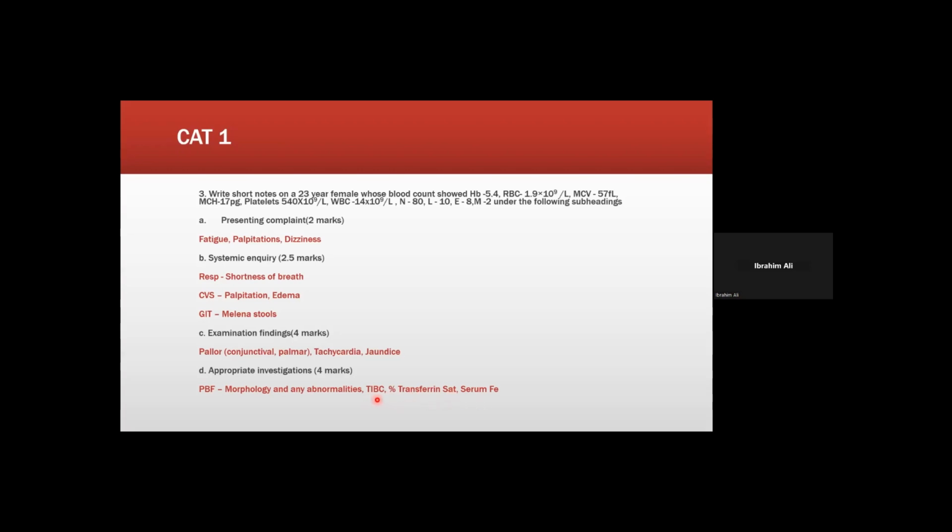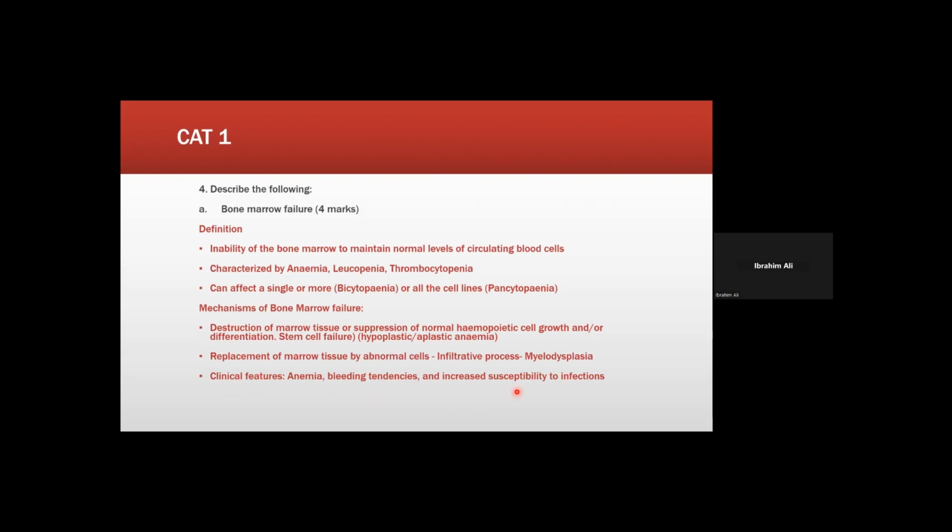Transferrin saturation, you can check, and the serum iron and ferritin also, you will check those as well. I think that is the part of this question. And then the second question, your hematology second question, is that they sometimes need you to describe. So bone marrow failure. If you are told to describe, what are you going to say?